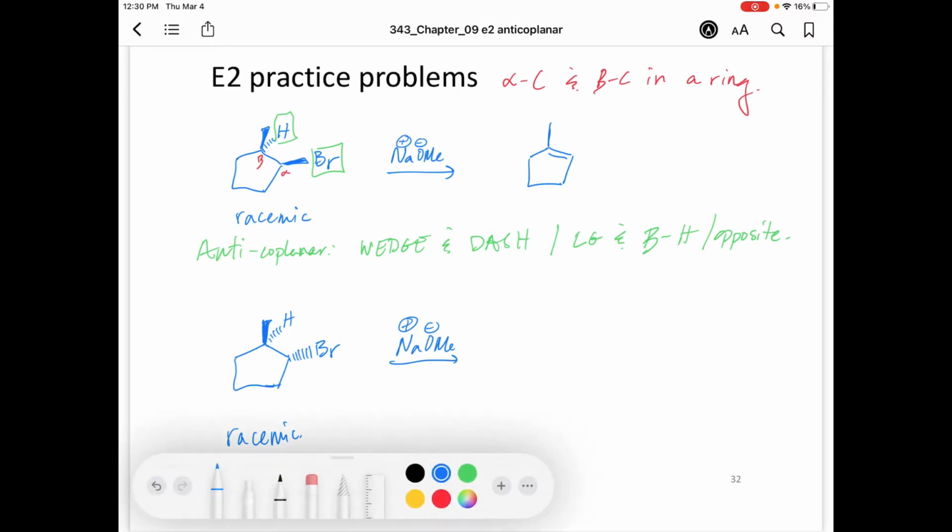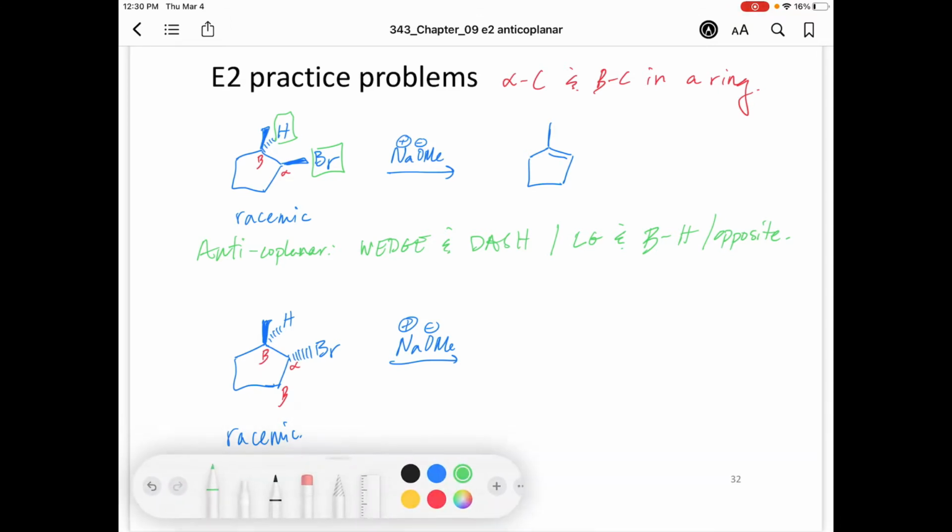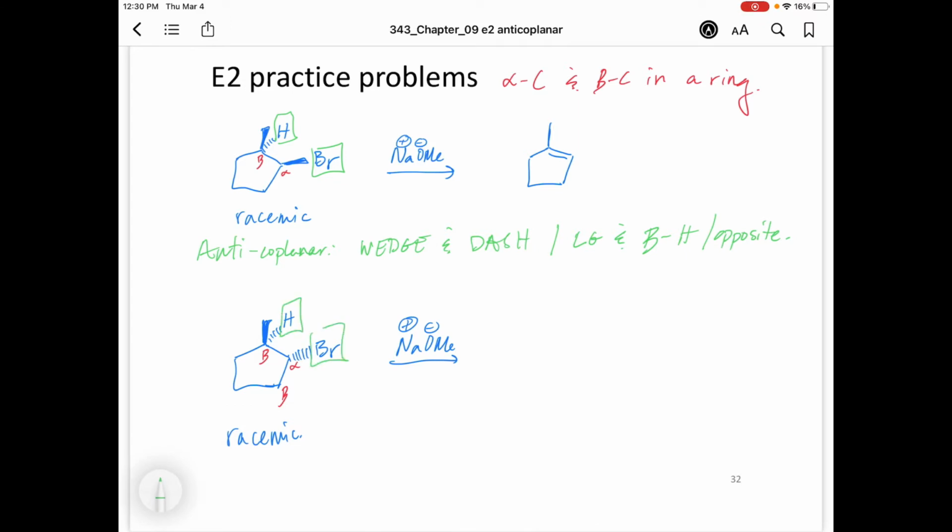Well, in this case, here's our alpha carbon, okay? And we do have two beta carbons. But the beta carbon on the top that we used in the previous example doesn't have a proton that's anticoplanar to this bromine. So we can't use that beta carbon. We won't be able to form the most substituted alkene.